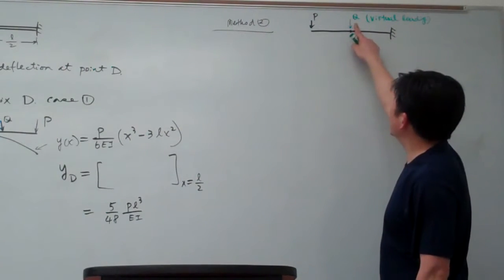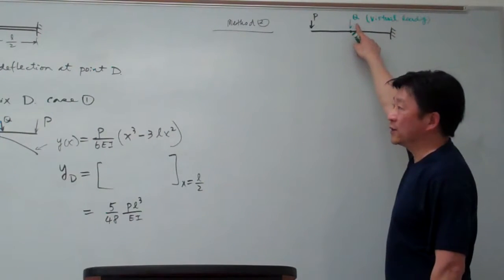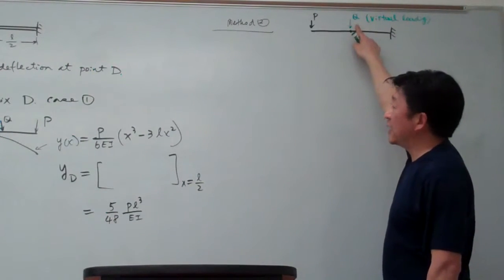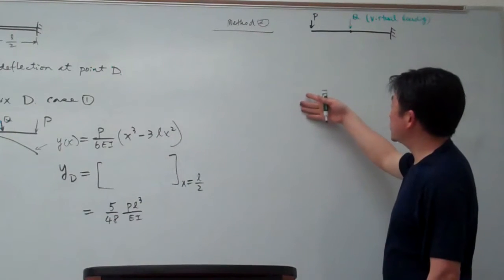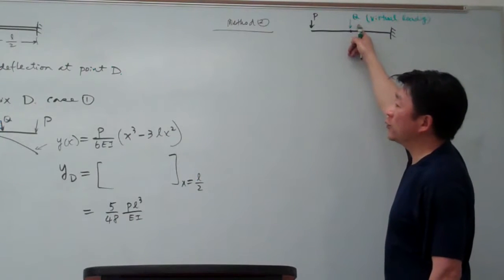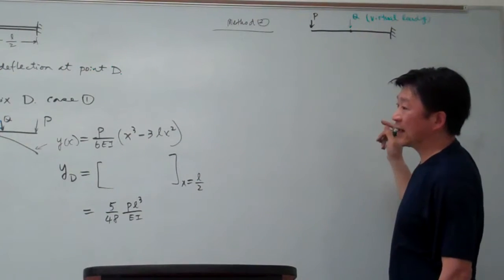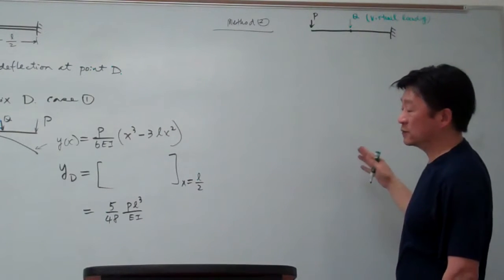Because we introduce the additional symbol Q, we can treat it as a variable, and imagine the whole strain energy will be a function of P and Q. So we'll be able to take the partial derivative with respect to this one, and then set that value equal to 0.